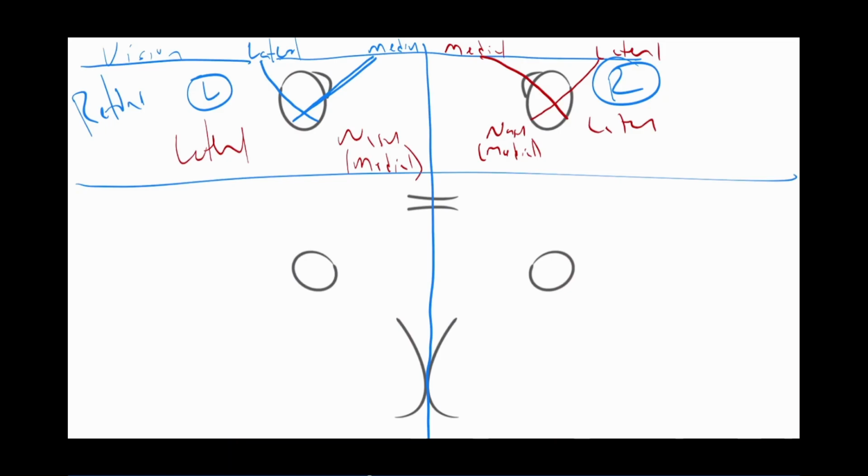Now, okay, I don't want to mess this up. The nasal, the lateral, okay, so we're here. The lateral vision on the right projects on the nasal or medial portion of the retina. Then this nerve, remember this is the optic nerve, comes down and crosses the optic chiasm to go to the thalamus.